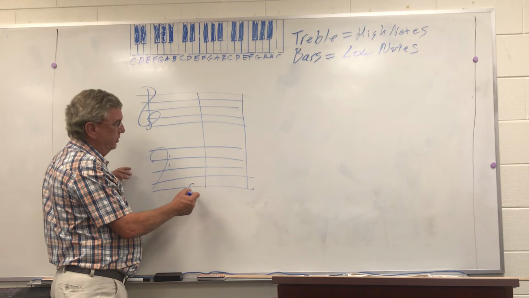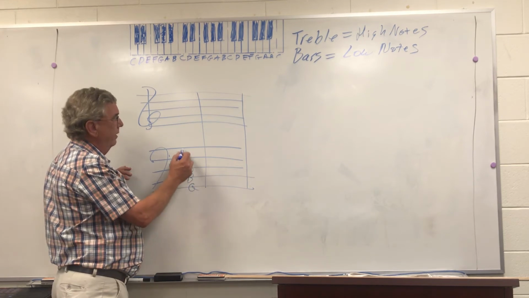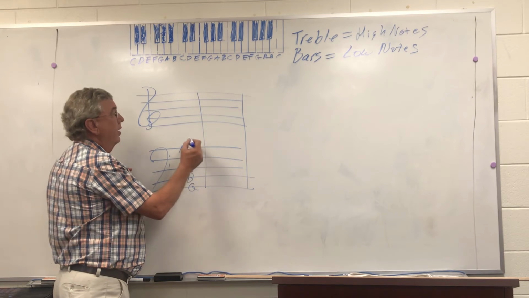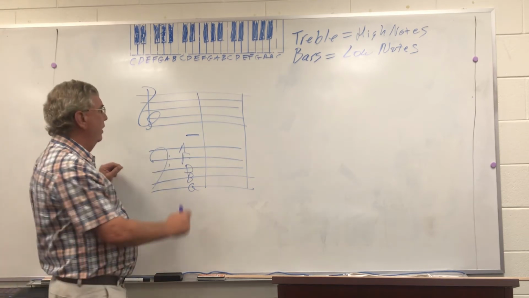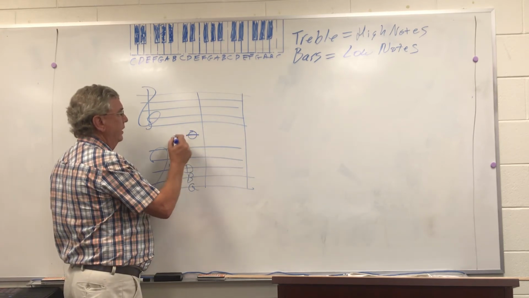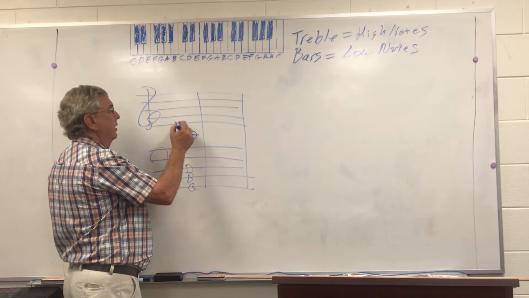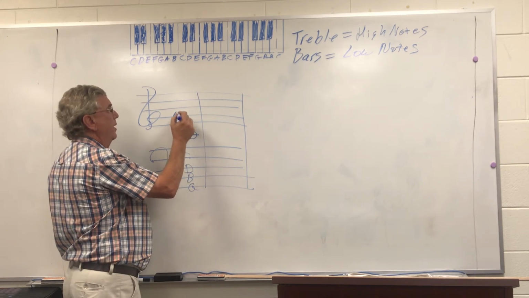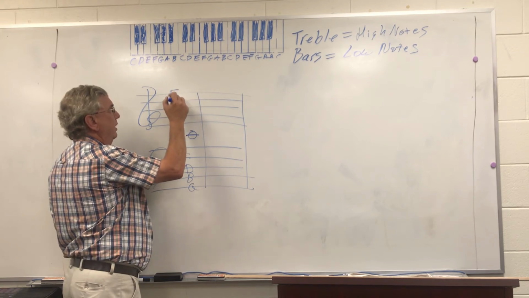Bass clef is G, B, D, F, and A. And if we go up here and make a ledger line right in the middle, that would be C. Go up another line, we have E. And then look, we're back to E, G, B, D, and F.